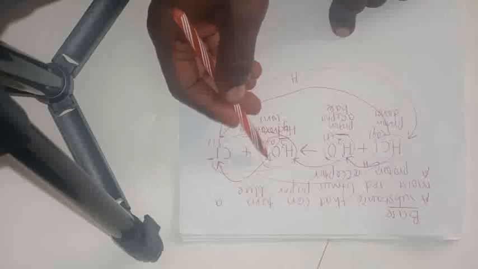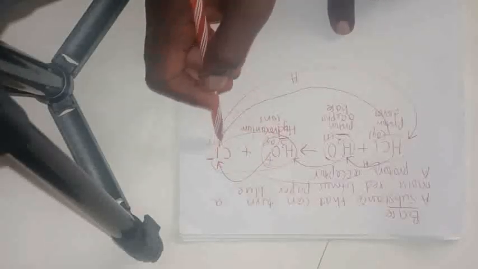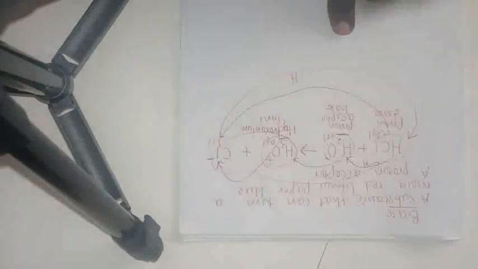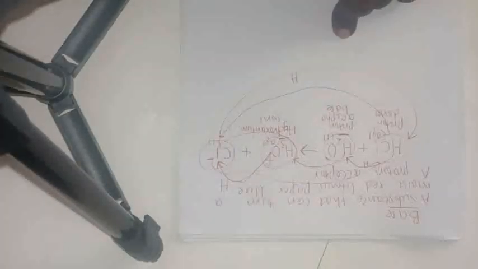The hydroxonium ion can donate a hydrogen to the chloride ion. So we take one hydrogen atom from this hydroxonium ion, then we add it on to the chloride ion to form the HCl. So this has again accepted a hydrogen atom from the hydroxonium ion. So when H is added on to Cl, we form HCl.